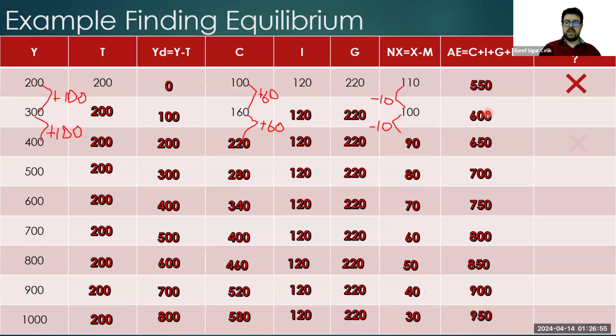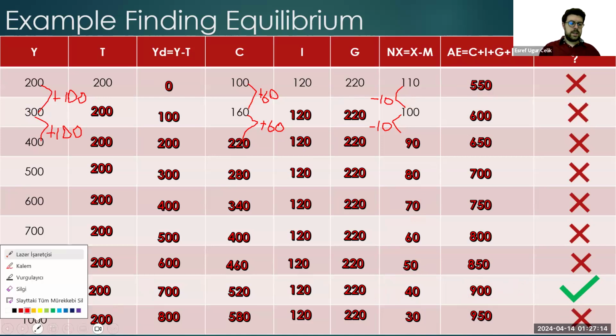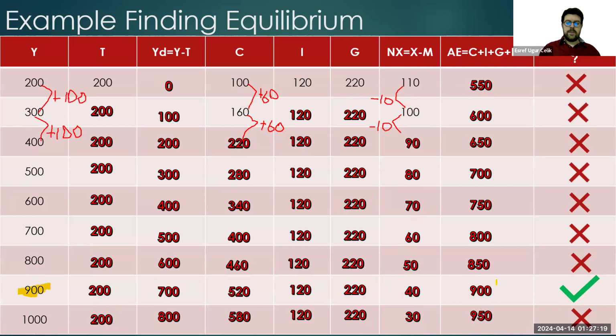These parts are also not equal. Where can it be equal? 900 for the total income and aggregate expenditure 900. Again, I'm going to point out: when total income is equal to aggregate expenditure, that indicates the equilibrium.